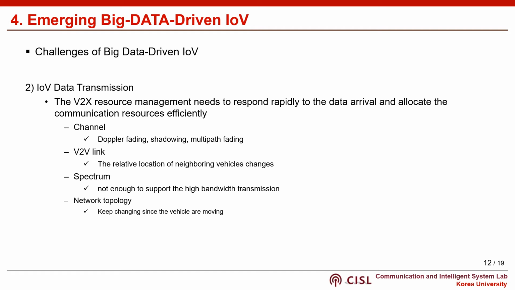in vehicular conditions. First, the vehicle channel is harsh due to the mobility of vehicles and may suffer from various types of fading, such as flat fading, shadow fading and multipath fading.